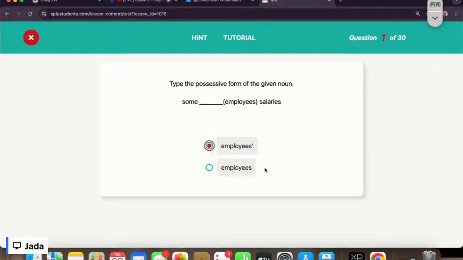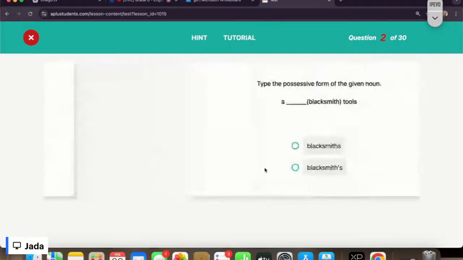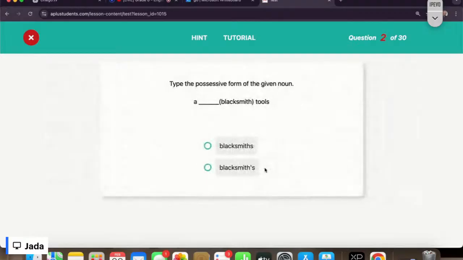Alright, so here we have the first one. Then a blacksmith tools, first to second for the possessive form.